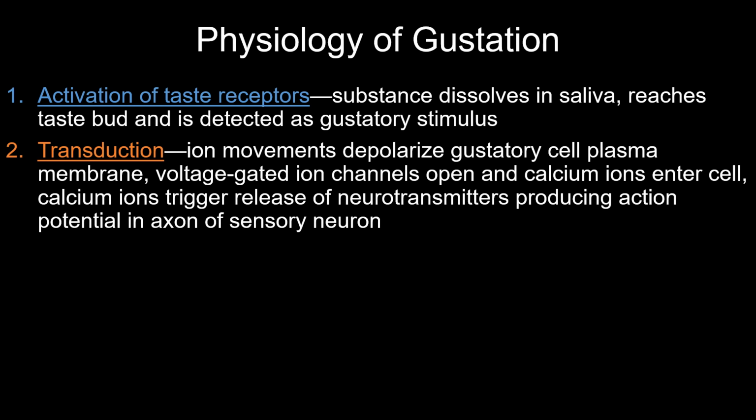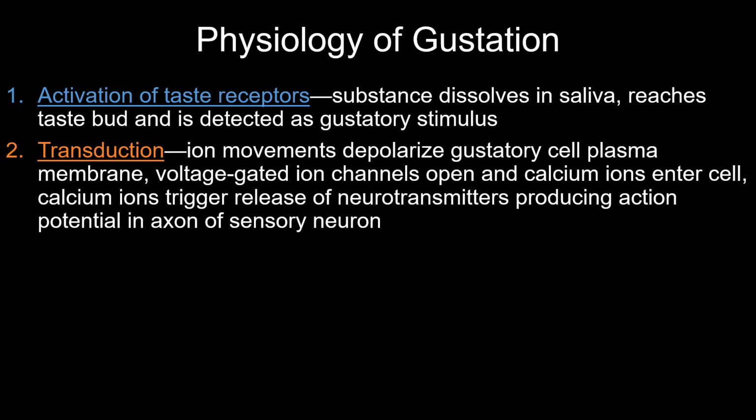But receptors for bitter, sweet, and umami compounds have to activate a G protein. This G protein indirectly closes potassium ion leak channels, and this decreased movement of potassium ions out of the cell produces that gradual depolarization. So what do we have now?